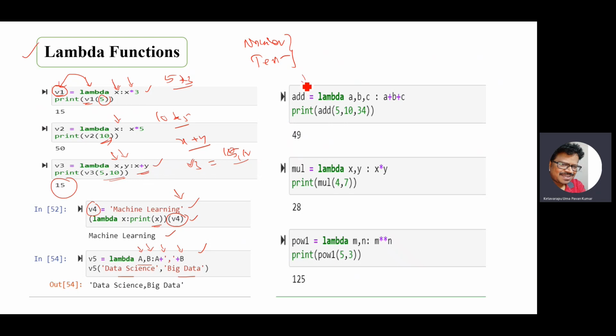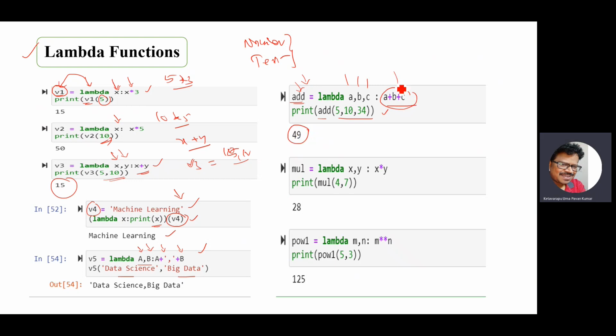Now here, one more example to perform the addition of three numbers. It's pretty simple. Three arguments, just the logic a plus b plus c. And we are taking this value add. Okay, so whatever the variable we have declared here, so as to capture the data item after implementation of the lambda, to this only we are sending the arguments.